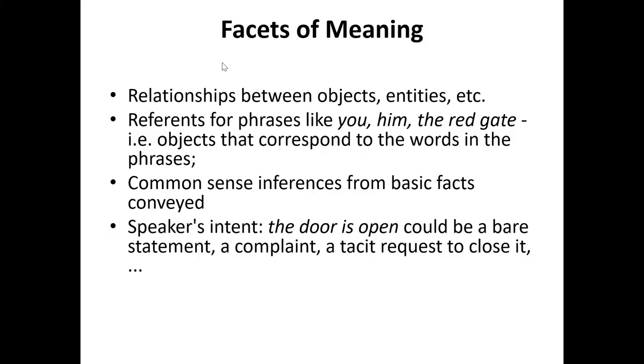So when we want to interpret the meaning of a sentence, we have to see the relationship between objects, entities, or other parts of the sentence. For example, when we say you, him, that time, these words don't have meaning if you don't know the reference of those phrases, about whom we are talking.